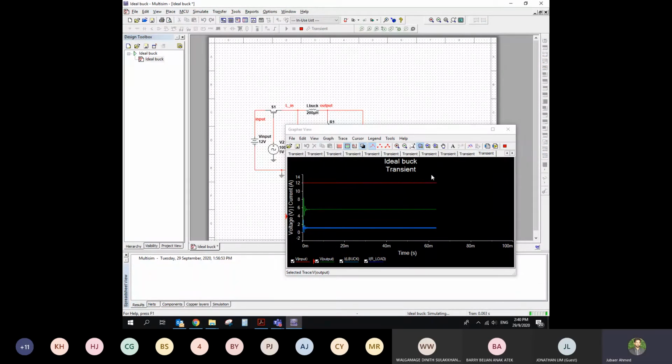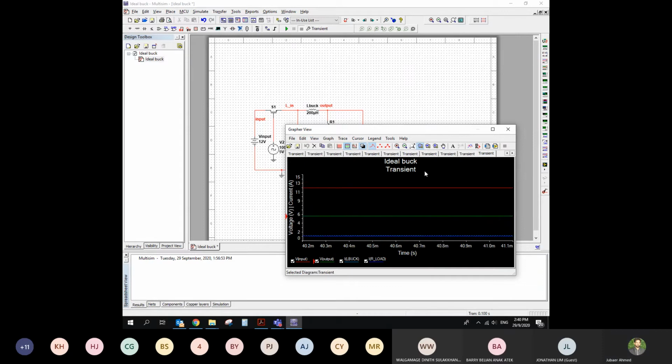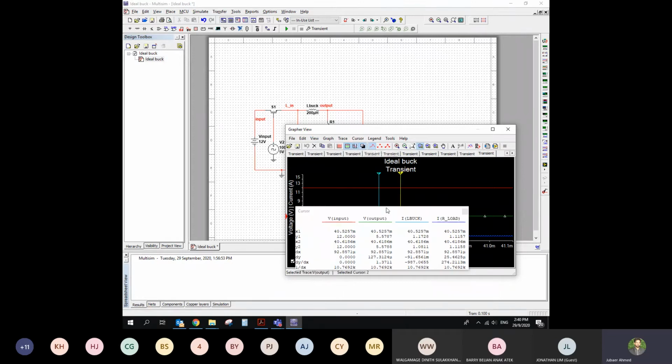So first thing you look at, when I change the value of the capacitor, let's run it here. Okay. So where is my cursor? Yeah. So you can see that it's not 6 volt anymore. The output voltage has dropped to 5.57.